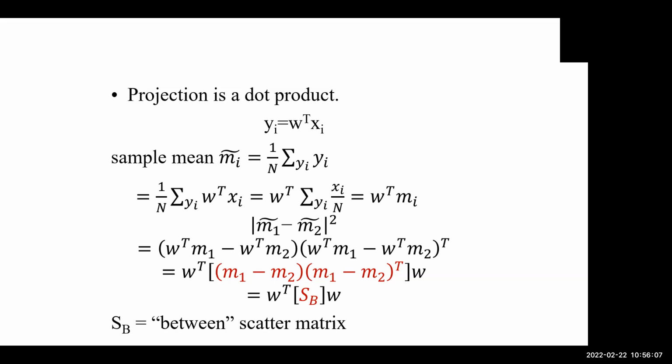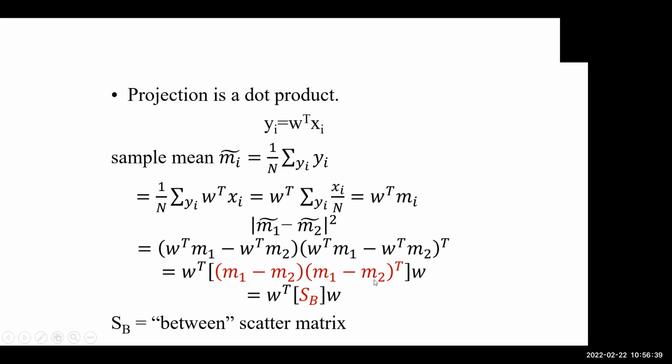And so if we want the sample means after projection to be far apart, then we want this to be large too: W transpose SB W, W transpose difference of means, W. If we want this to be large, we want each of these other things to be large.